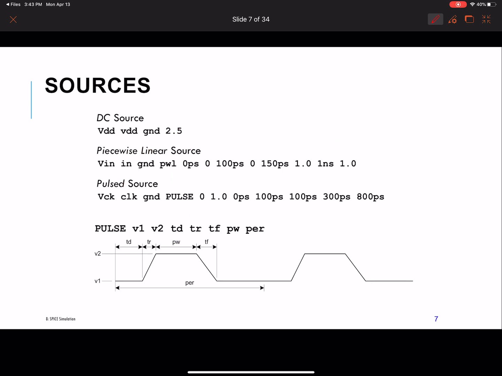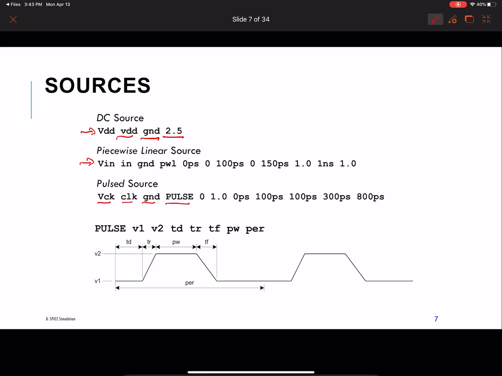So these are the different types of sources. We already looked at the piecewise linear source. There's the DC source, which is the DC voltage. This is 2.5 volts between VDD and ground. And then you have a pulse source. So here, there's the name of the voltage source, the 2 nodes, pulse as the type.